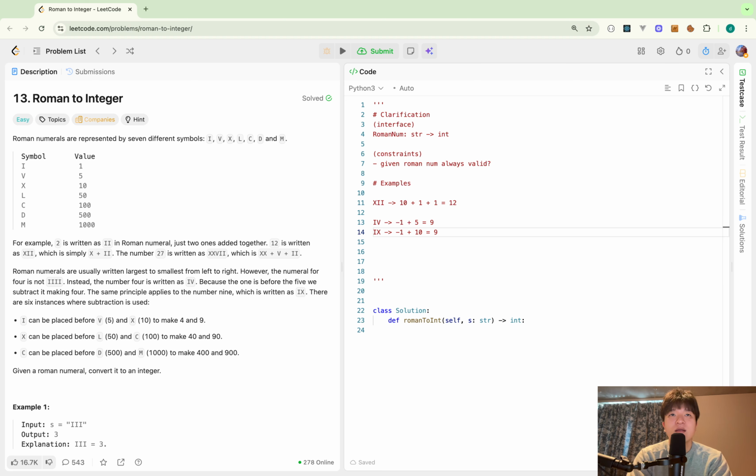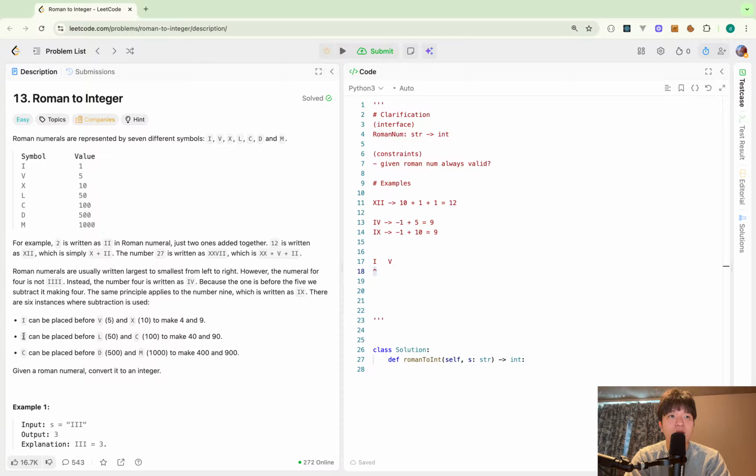I think the simplest idea is, when I'm traversing the Roman digit characters, I take a look at the next character, and if it is IV or IX, this I should be treated as negative 1. I think it's one of the simplest ways to represent the logic of these principles.